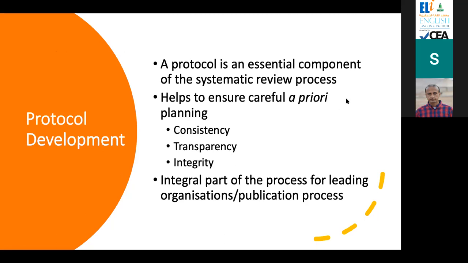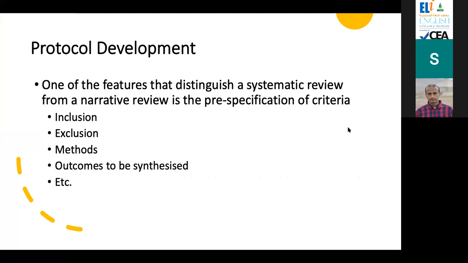Because we were talking about peer checking: other people should also read it, so that we could avoid errors and faulty findings, and that will establish integrity. It is an integral part of the process for leading organizations and publication processes. This is important because this is what they will also be looking at when we put our review up for publication. It will be tested on the same protocol or a similar protocol that they have established.